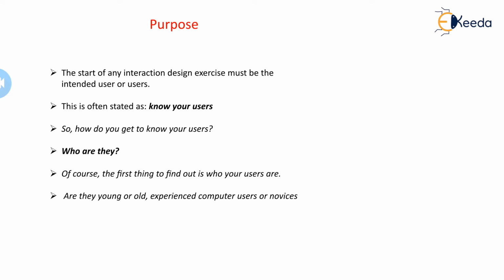So how do we get to know them? The first thing we ask is, who are they? As I told you, they are 4 to 10 years old. Initially, the first thing is to find out who your users are: whether they are young, newborn, senior, or middle aged, early 30s, and so on.